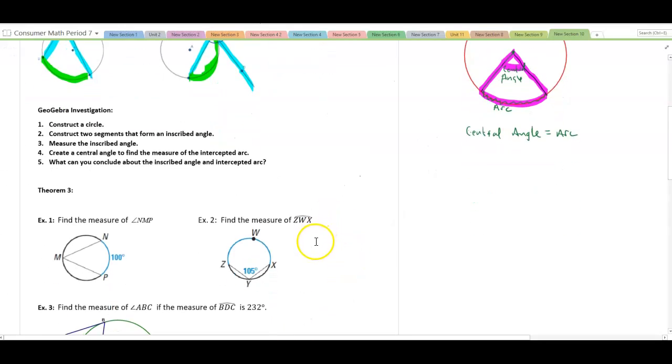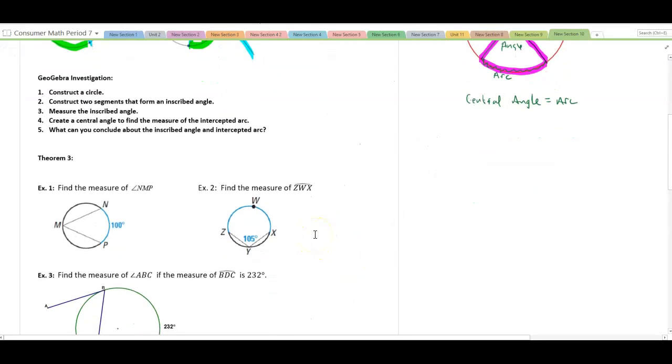You should notice that the measure of the inscribed angle is equal to half the measure of the arc.